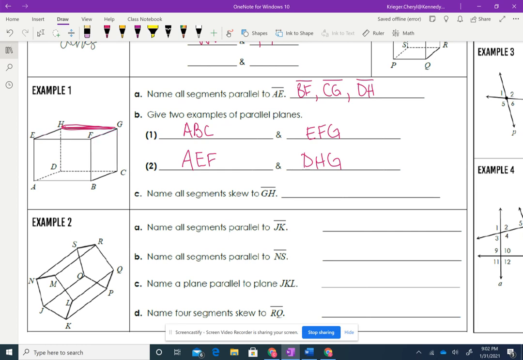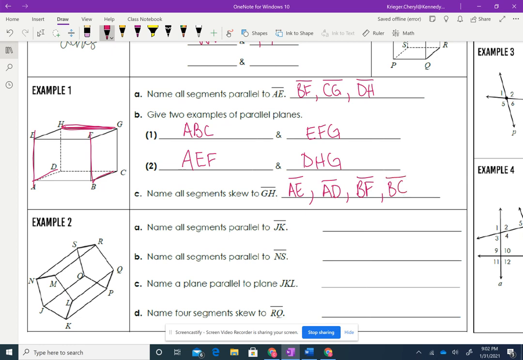All of the skew ones can't be parallel, so we couldn't choose AB. That would be BF, AE. We could do BC and AD. Those would never cross. So I'll write all those down: AE, AD, BF, and BC.